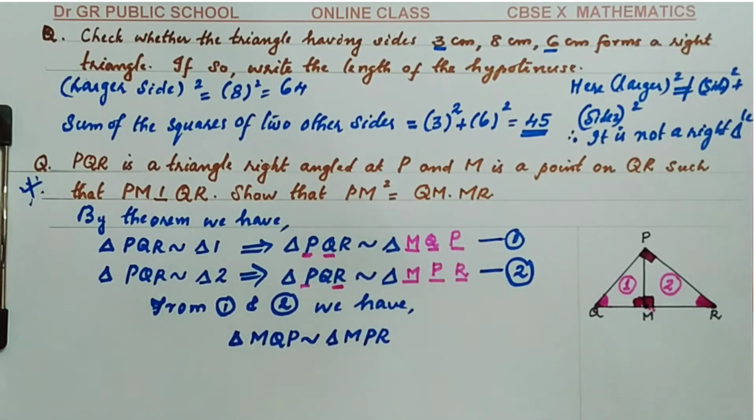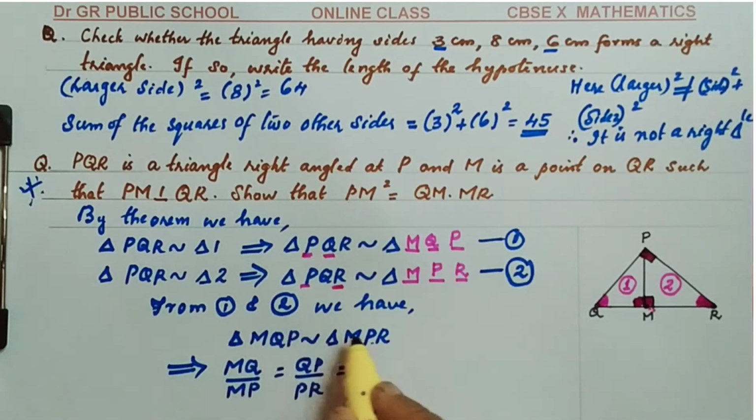If two triangles are similar, the ratio of their corresponding sides are equal. Therefore, taking two letters at a time, MQ by MP equals QP by PR, equals MP by MR. That is, the ratio of their corresponding sides are equal.